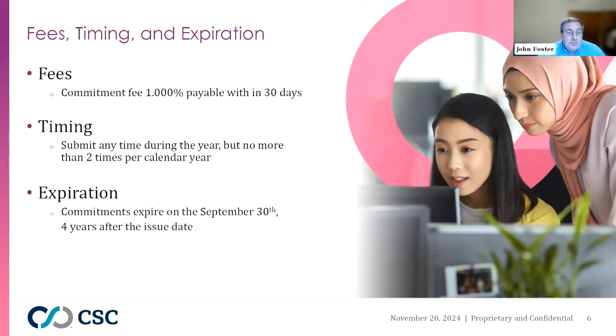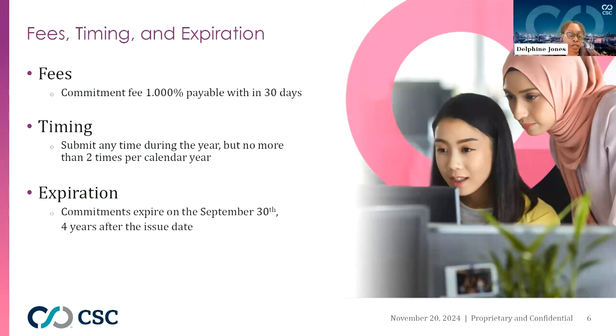You can submit up to 2 commitment requests in a calendar year. So some managers prefer to request the commitments in smaller but more frequent amounts. The commitments themselves will expire on the first September 30th occurring 4 years after the commitment is approved. So that means that the commitment is always good for at least 4 years, but less than 5 years, depending on how long before September 30th you applied for it and got the commitment.